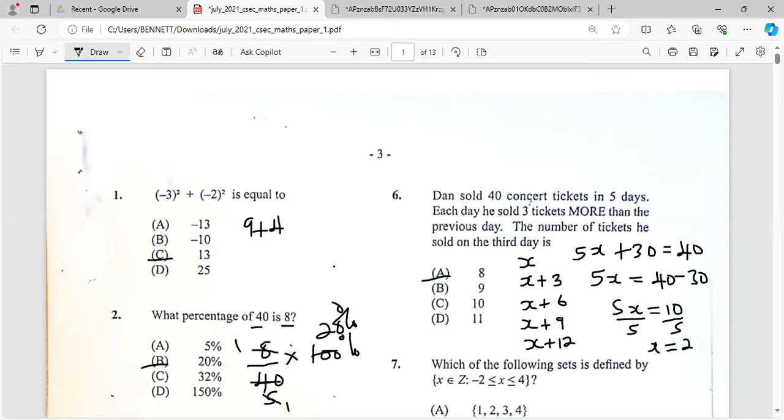Requires a little thinking, guys. And then you could do a little trial and error and test if you answer right. So the first day you sell 2, then you sell 5, then you sell 8, then you sell 11, then you sell 14. Add up these and see if you come to 40.